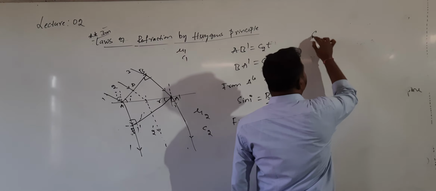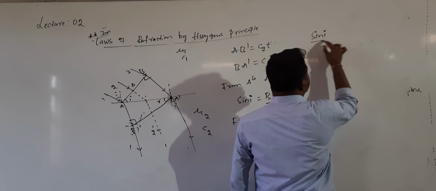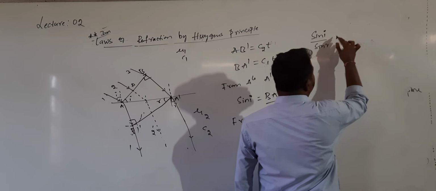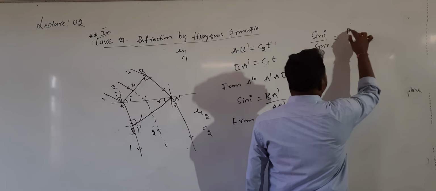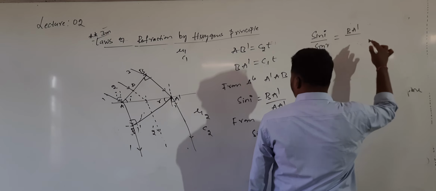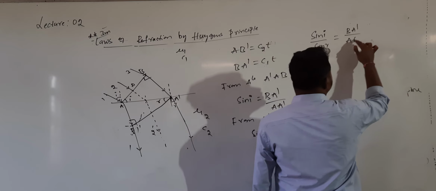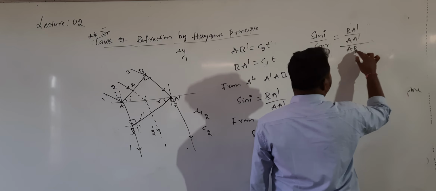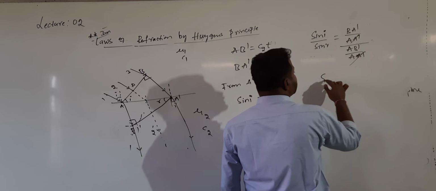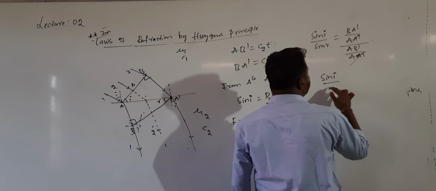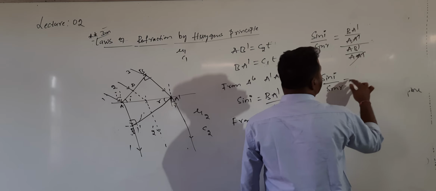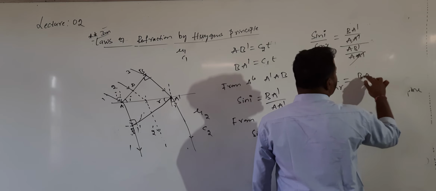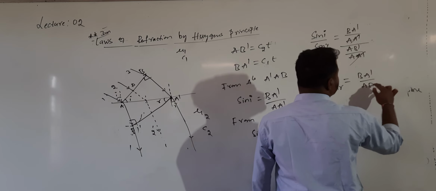Now what is sin i by sin r? Sin i by sin r is B A dash by A dash A divided by A B dash by A dash A. A dash A cancels. Then sin i by sin r is equal to B A dash by A B dash.